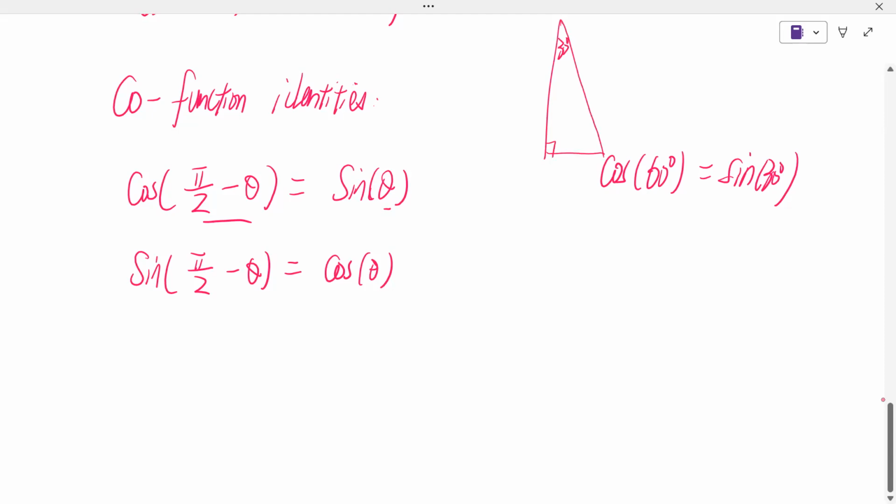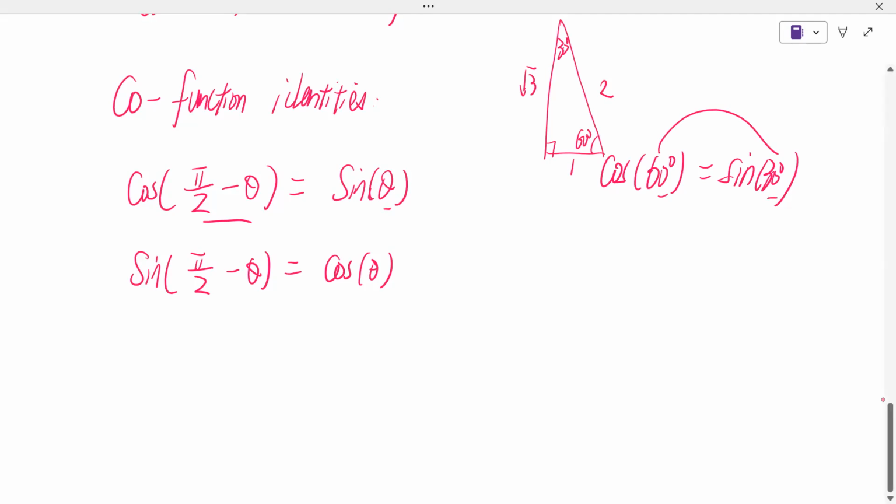A quick proof will be cosine 60 degrees equal to sine 30 degrees. We observed that yesterday from this graph right here. This is 30 and this is 60, radical 3, 1, 2, right? So cosine 60 is half. Sine 30 is also half. They are equal to each other because these two are the complementary angles. When you sum up those, they are equal to 90 degrees.